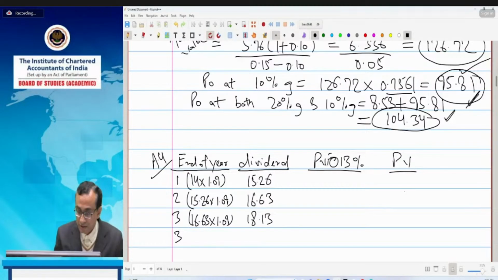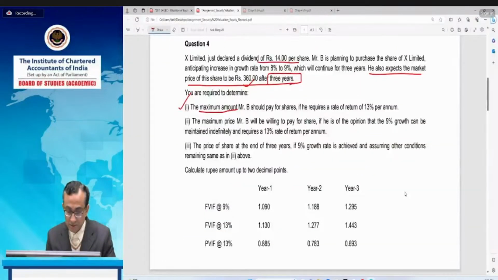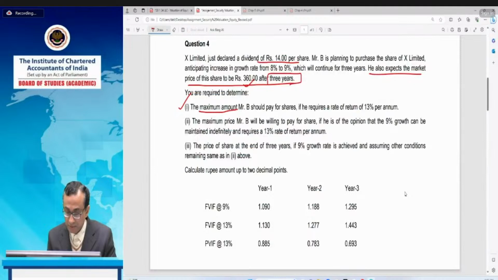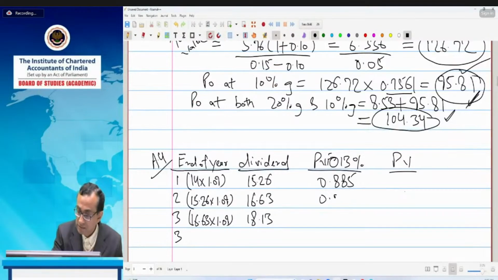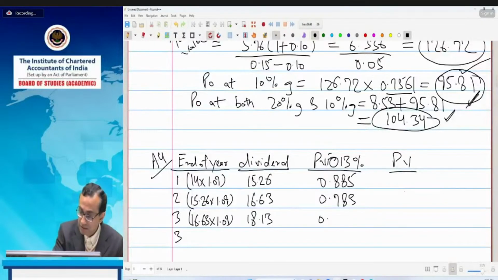18.13. Now we will multiply these by the present value factor to arrive at the present value at the discount rate. So the present value factors given are: year 1, 0.885; year 2, 0.783; year 3, 0.693.